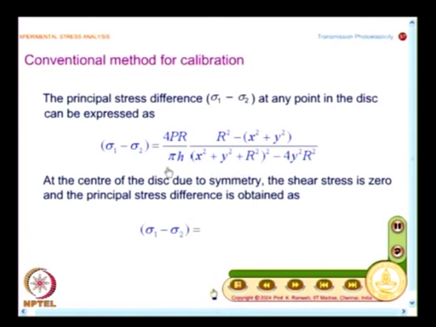Although for the conventional method I need only the values at the center of the disk, I give this as a generic expression in x and y with a purpose in mind. We will do the conventional method for calibration, and later we will also elaborate on a method which will use as many data points as possible from the field.